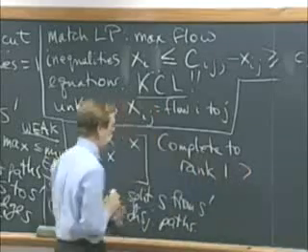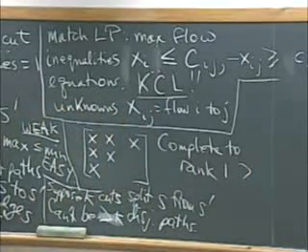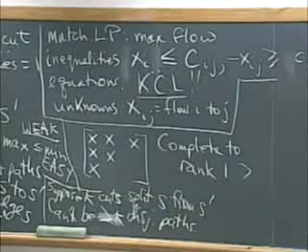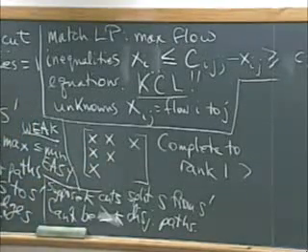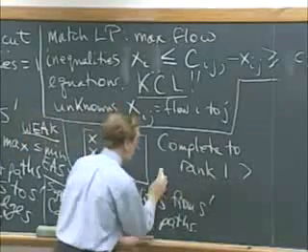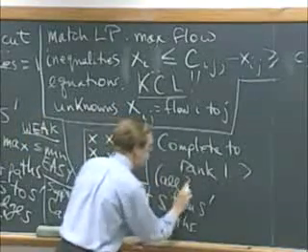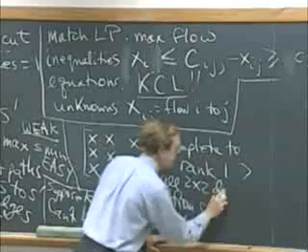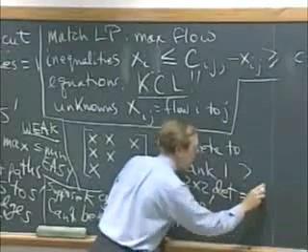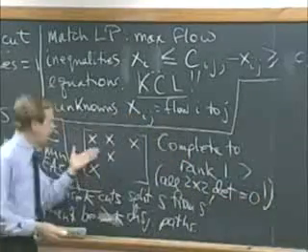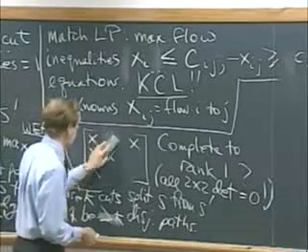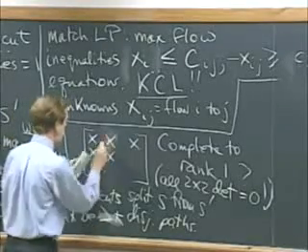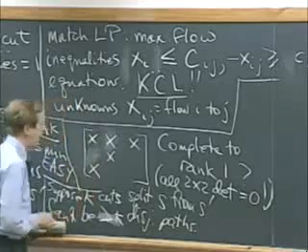Is that possible? And your answer is no, because if rank 1 means, what will rank 1 mean? It'll mean that all 2 by 2 determinants are 0. And that won't be true here. So I better take one of those out. Or let me make it a little less obvious by taking that one out.